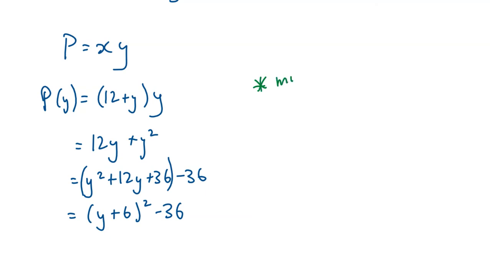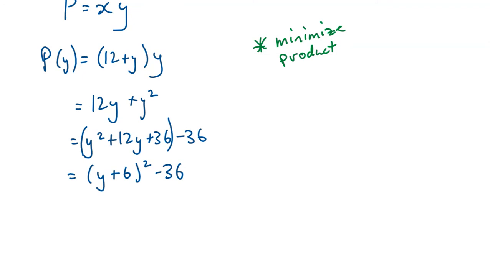In this case, we were minimizing product. So my vertex is -6, -36. I shifted left and down.